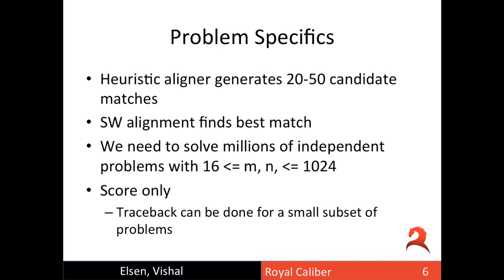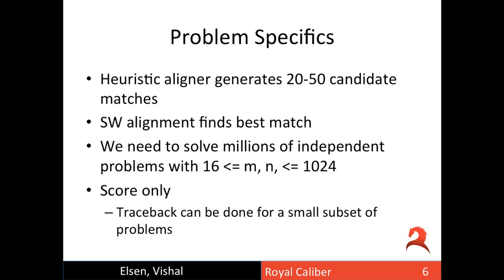So specifically, the way this works is that for each sequence that we read off the machine, a heuristic aligner will generate 20 to 50 possible candidate sequence matches. So we're not using Smith-Waterman to align each sequence to the entire human genome. We'll use something that's faster and less exact to create possible matches, and then we'll use the Smith-Waterman algorithm to find the best match amongst those possible candidates.